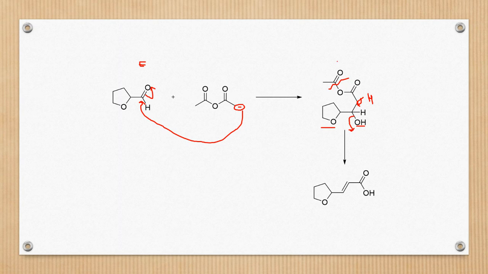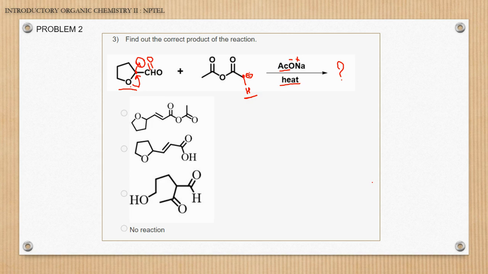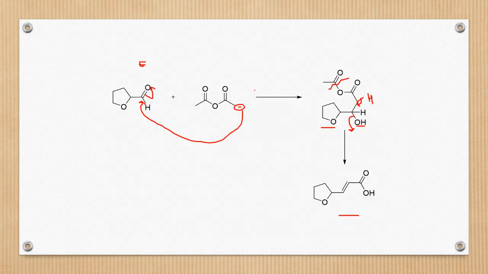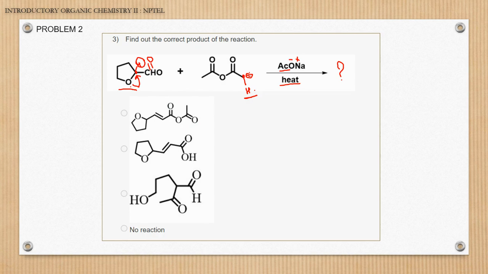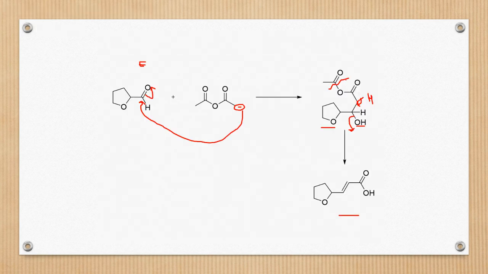And this breakage of the carbon-oxygen bond will take place to give you this acid, the alpha-beta unsaturated acid. So in this case, because of the heat that is mentioned here, you are getting the cleavage of this C-O bond.